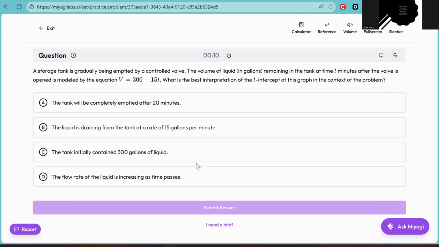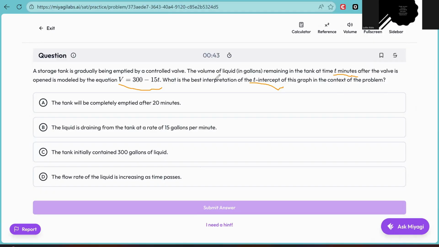Okay. The question states, a storage tank is gradually being emptied by a control valve. The volume of the liquid in gallons remaining in the tank at time t, remember t is minutes, after the valve opens is modeled by the equation V equals 300 minus 15t. What is the best interpretation of the t-intercept of this graph in the context of the problem?